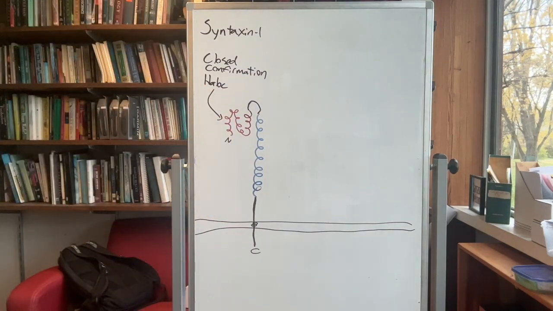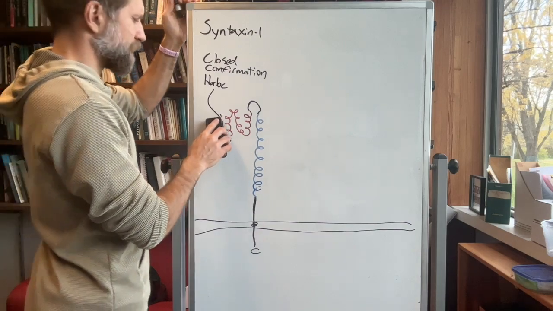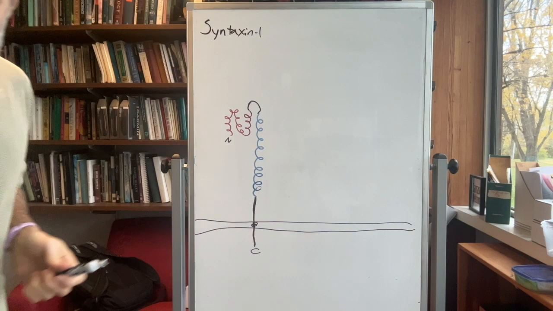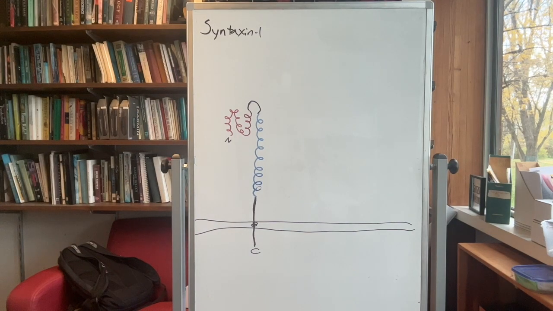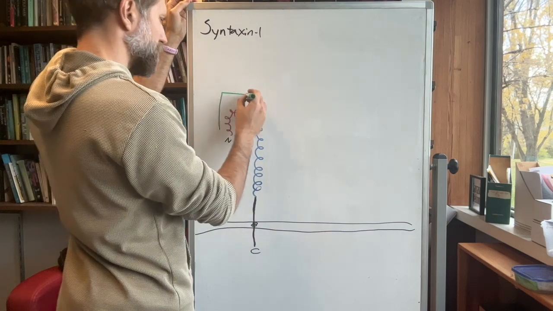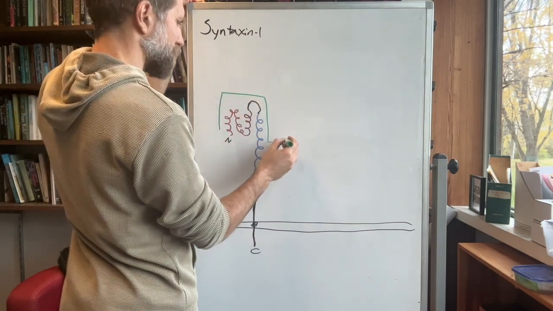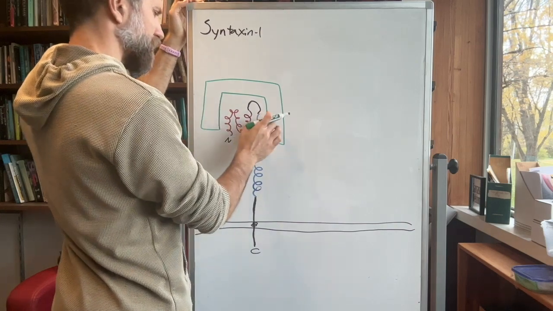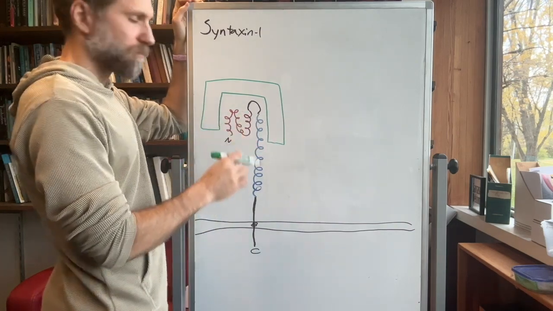Okay, so there's another protein that comes along that we're interested in. It's not a snare motif, not a snare protein, but it's very important for this process of vesicular exocytosis. And it's called MUNC18. And it binds up here to the HABC domain in the N-terminal part of the snare motif.